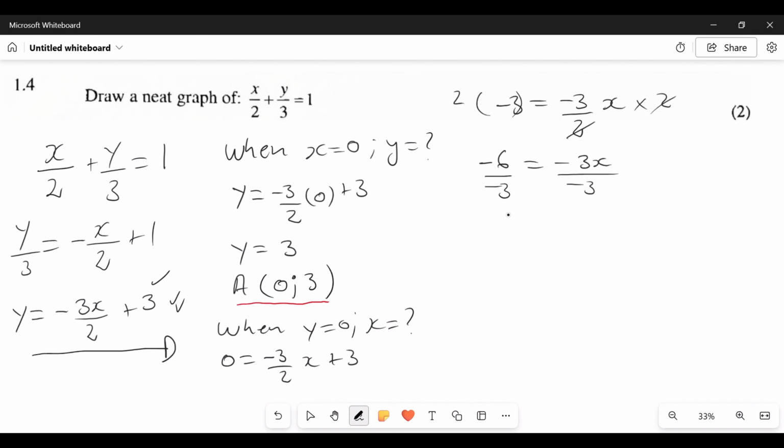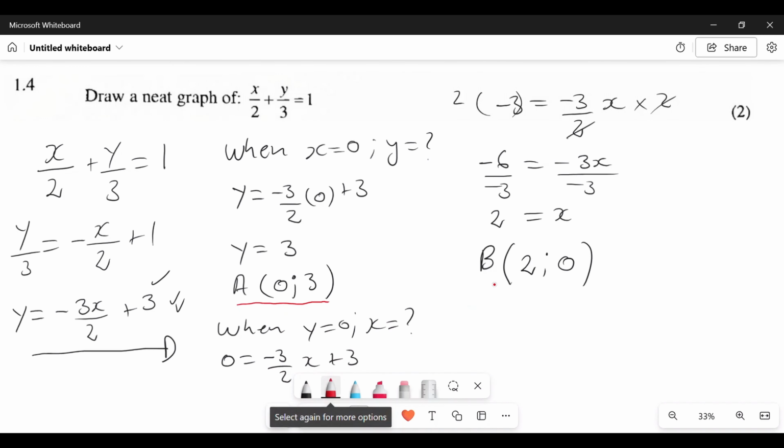So our x on the left hand side here, we're going to be left with +2, and then on the right hand side, we're going to be left with x. So we can say point B, when x is 2, our y is 0. So we just need these 2 points, guys, for us to draw the graph. Simple, straightforward, guys. So from here, what you need to do is to draw the Cartesian plane, and then we plot our graph.